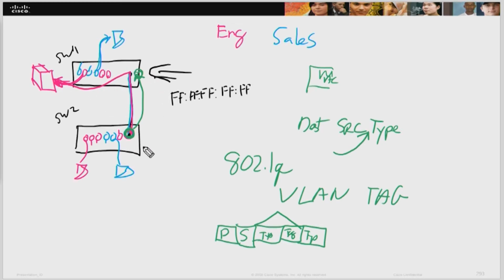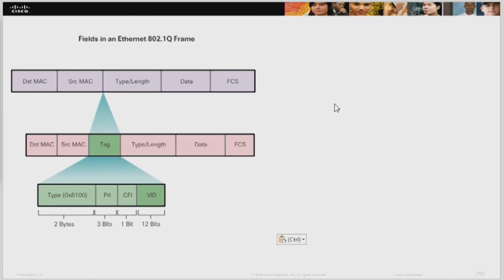So this tagging infrastructure is what we actually use. If we take a look at what that tagging infrastructure looks like, I take a look at the structure. This was my original PDU header: destination MAC, source MAC, my type length field.